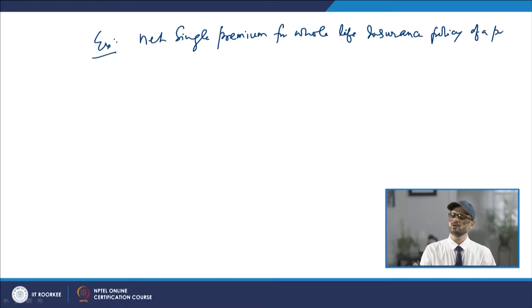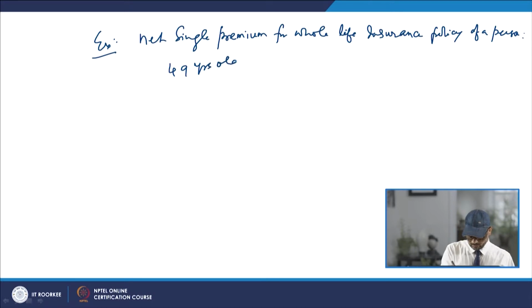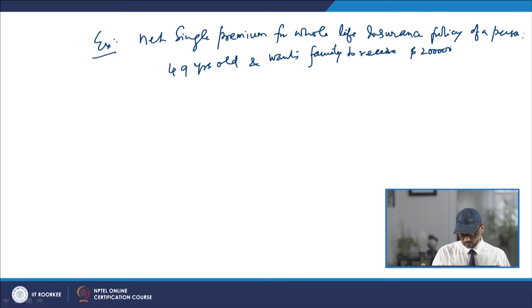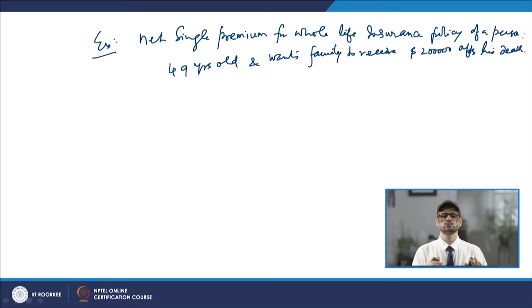This person is 49 years old and wants his family to receive $2 lakhs after his death. So suppose a person who wants to do the insurance wants to give a single premium. He is 49 years old, and he wants his family to get $2 lakh after his death.